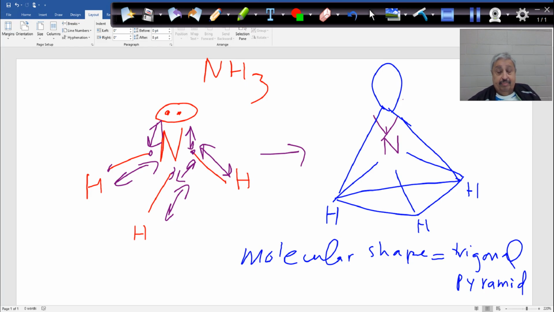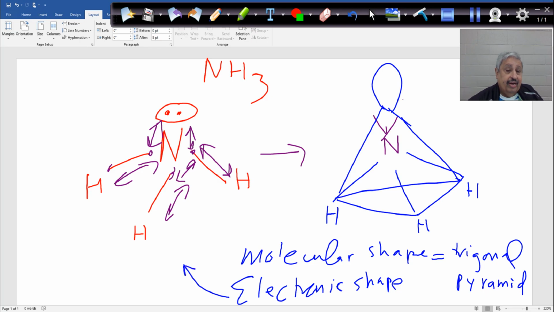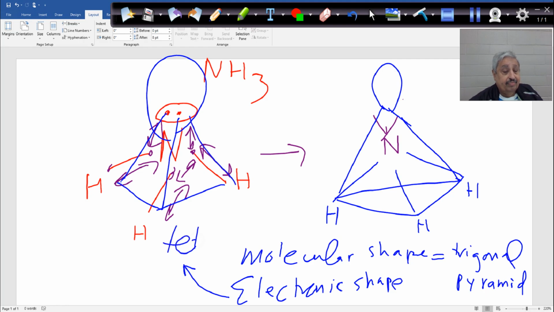That's the molecular shape. The electronic shape will tell you that's not true. Here they are. I have to count all those three as well, correct? So this is tetrahedral. You see the difference?